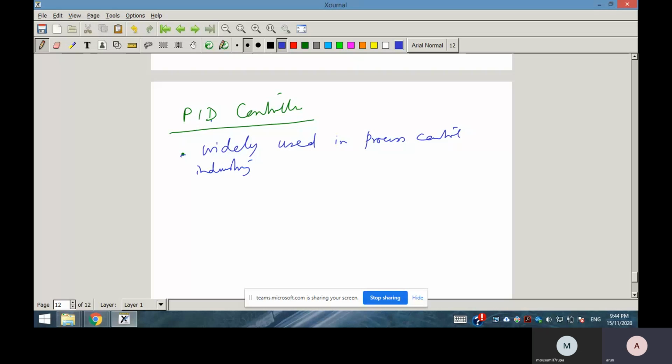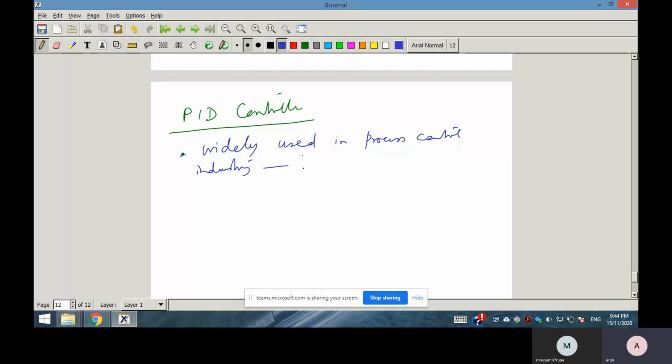Only the three gains are there, a less number of tunable variables, which has an advantage: you can just change the op-amp knob and adjust the gain. So that's why this PID controller is very well accepted in industry.